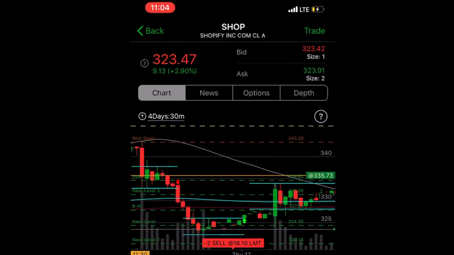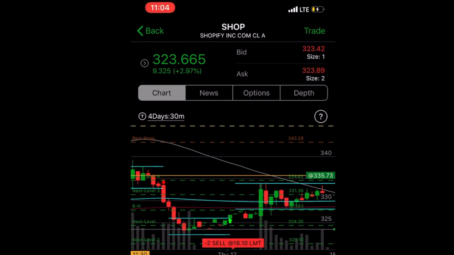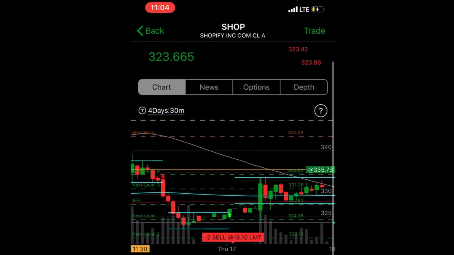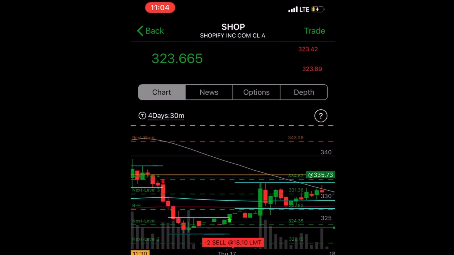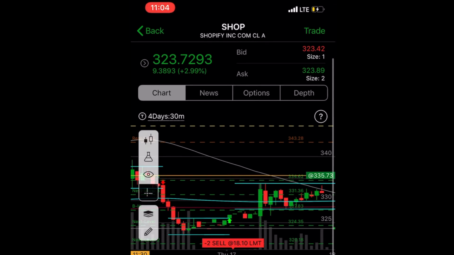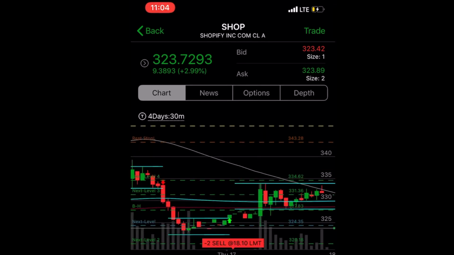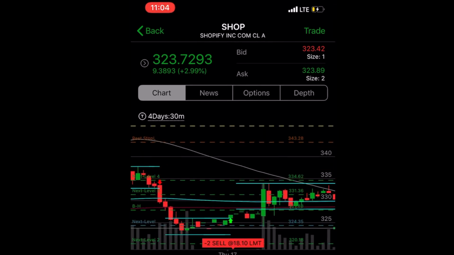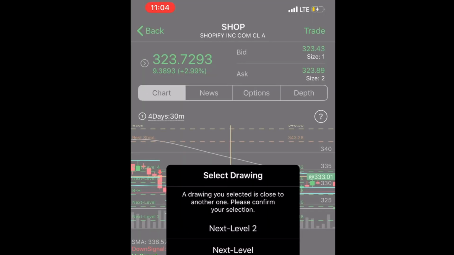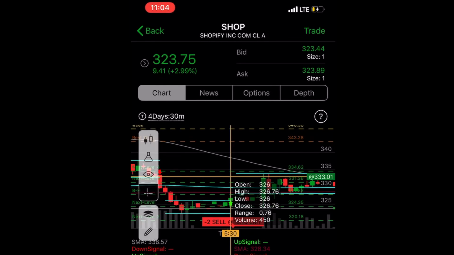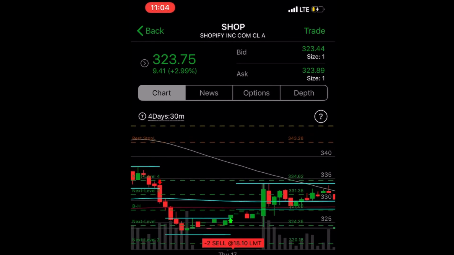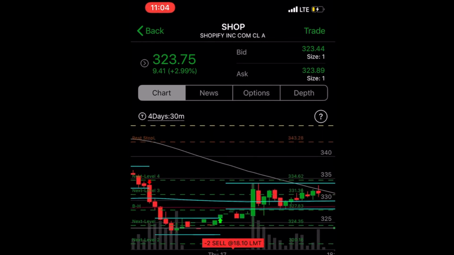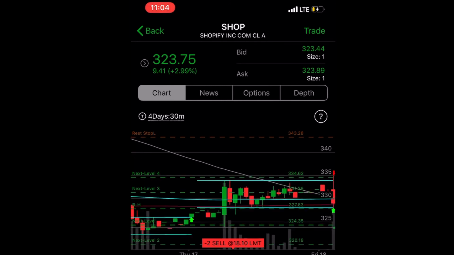Let's go ahead and take a look in the past. Look, 324 here, it hit it, and then it bounced off of it. So let's see, how many times did I mess around in this area here? All right, so 324 there, 324 bounced higher all the way up to 334.